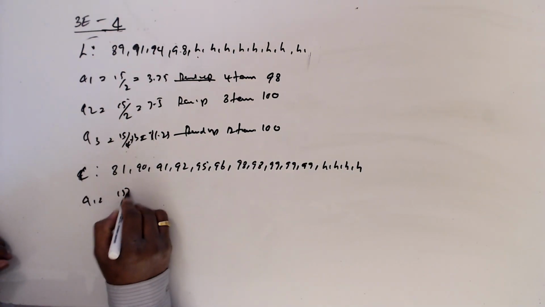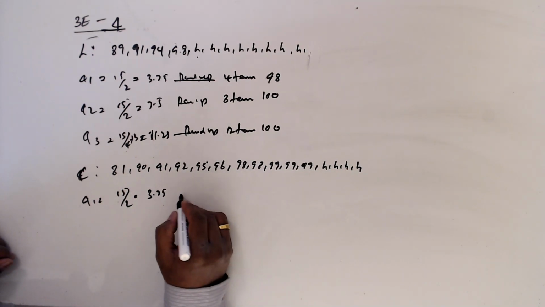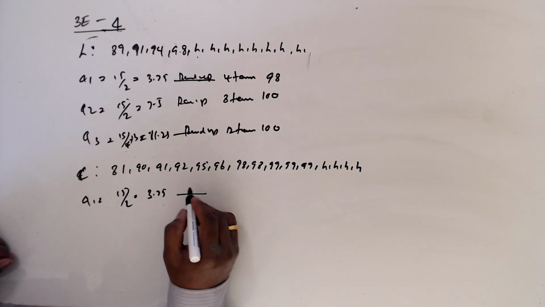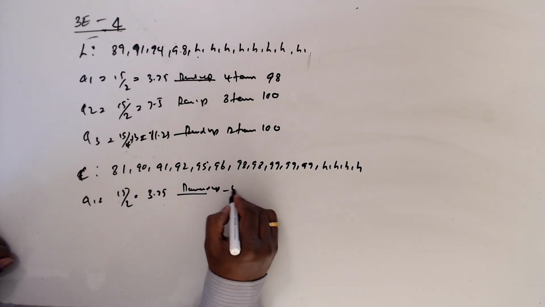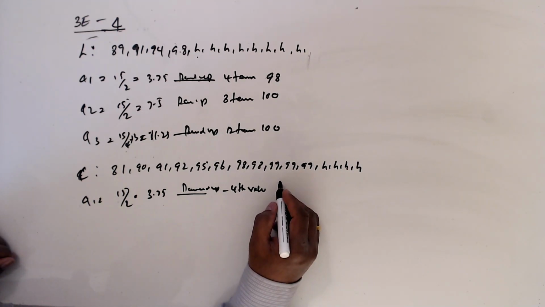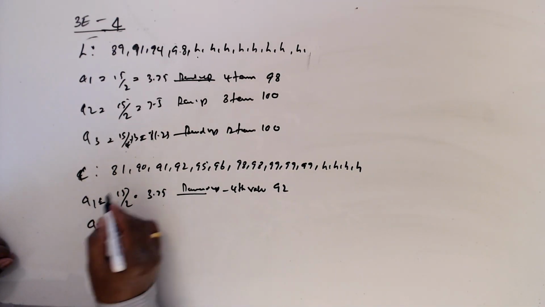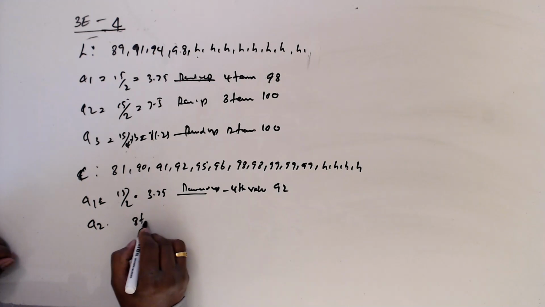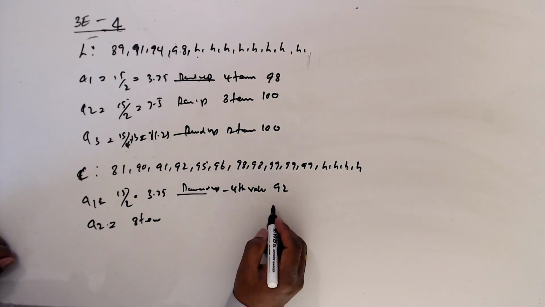And now for Cambon, Q1 equals 15 divided by 4, 3.75. Round up, it's going to be the fourth value. The fourth value is going to be 92. And Q2 follows the same thing, the 8th term, which is going to be 98.